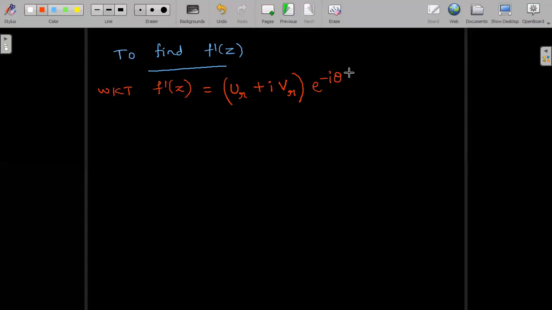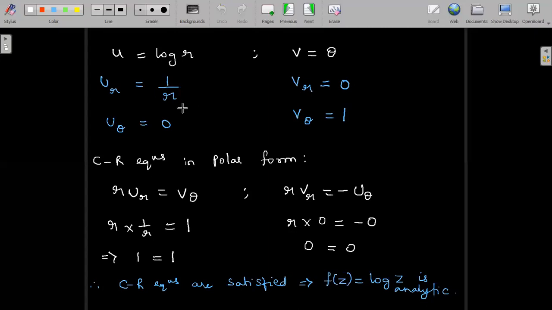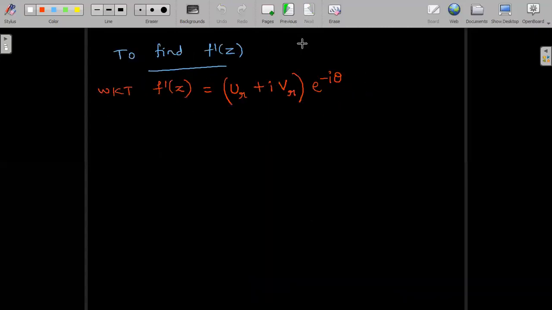While deriving the CR equations in the polar form, we have seen this expression: f dash of z is equal to e power minus i theta into u_r plus i into v_r. So now we will substitute both the u_r and v_r terms. u_r is nothing but 1 by r and v_r is 0.